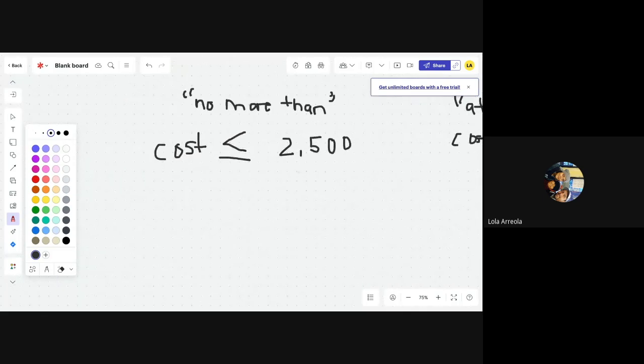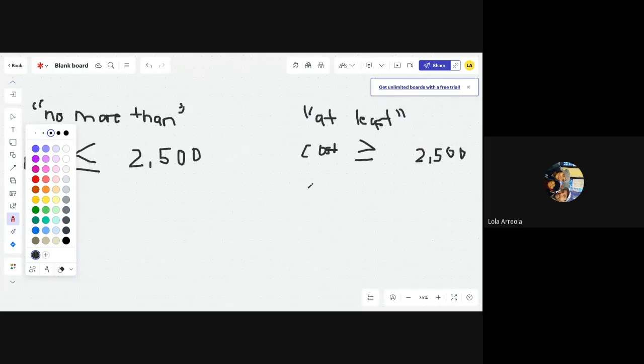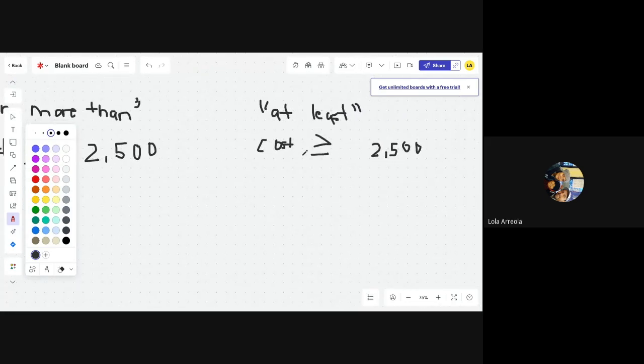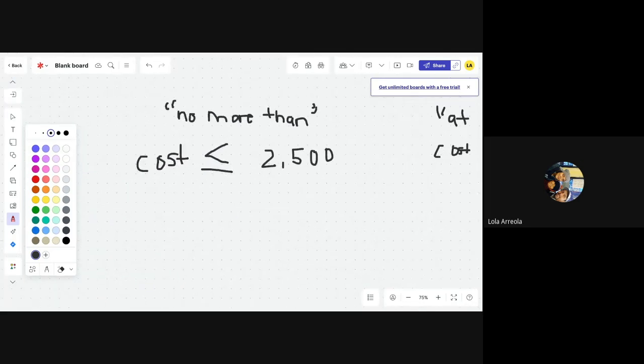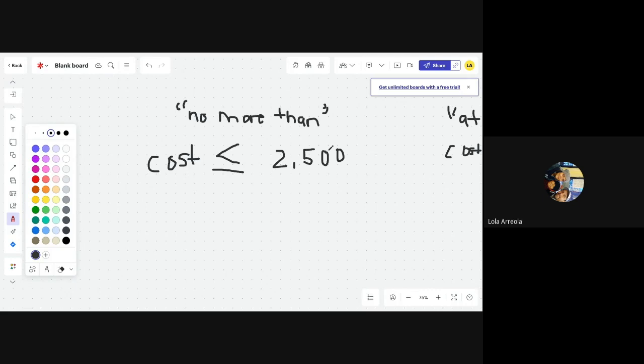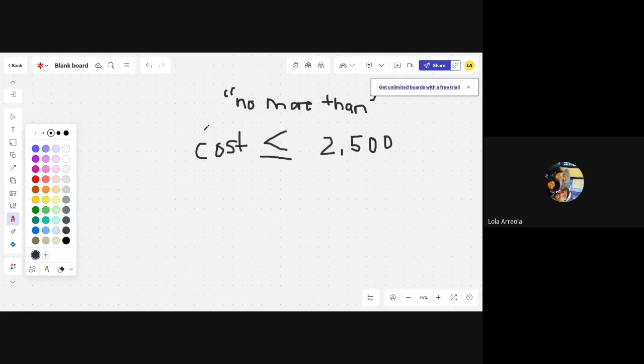So if I say no more than 2,500, that means my cost has to be less than or equal to 2,500. No more than means less than or equal to. At least means more than or equal to 2,500. So for this problem, how many burgers do I need to sell so that my costs are no more than 2,500? Do we know our cost function?